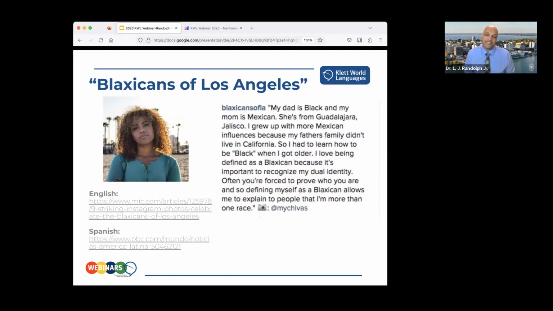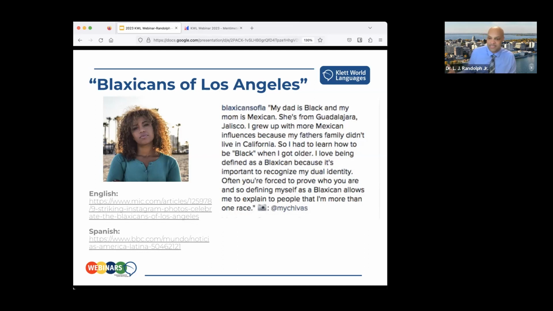Then we look at an Instagram campaign where a photographer took several images of people in their 20s who identified as Blaxican in Los Angeles. And you can see here, I think her name is Larissa. She talks about how her dad is Black and her mom is Mexican. She's from Guadalajara.